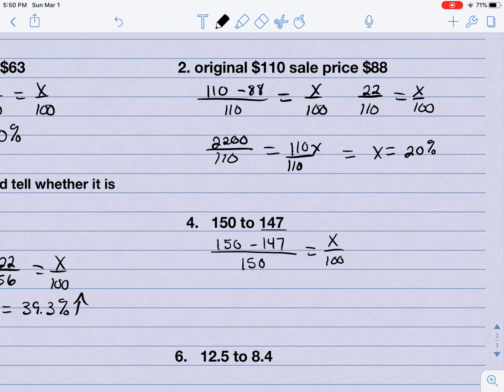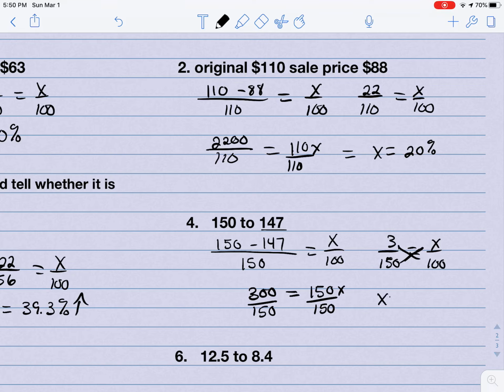And that's going to give us 3 over 150 is equal to x over 100. Okay, so that is going to give us 300. So the cross product 3 times 100 gives us 300. That's going to be equal to 150x. So once again, the cross product here, 150 times x gives us 150x. And then to solve, we divide by the coefficient, the number in front of the variable, and 300 divided by 150, x equals 2%.